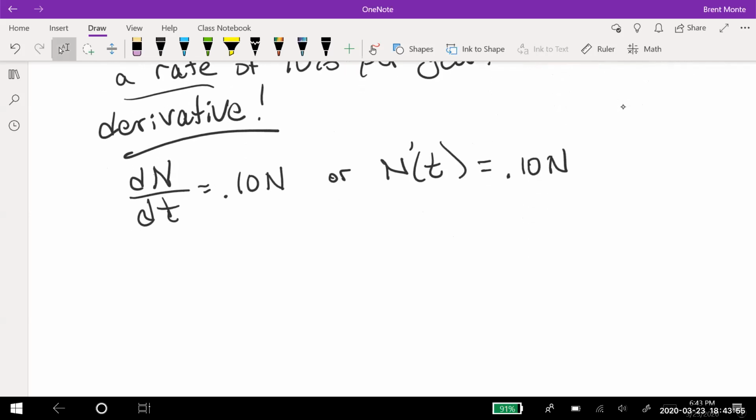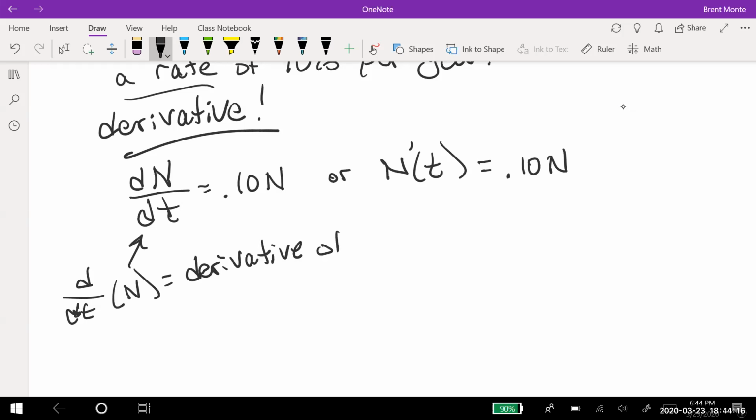But from what we talked about earlier, notice the derivative of N, that's what we're having here. We could call it d dt of N. It's the derivative of N. And if the derivative of N is some constant, this time 10% times N itself, it must fit that exponential form.